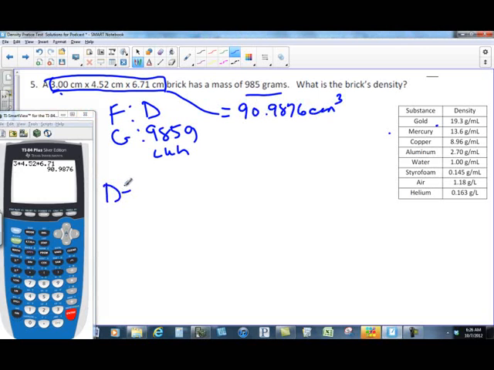Alright, so my density is mass over volume, which is going to be 985 grams divided by 90.9876 centimeters cubed.